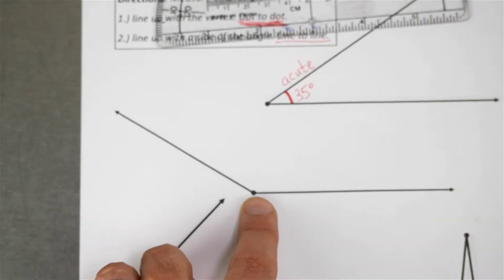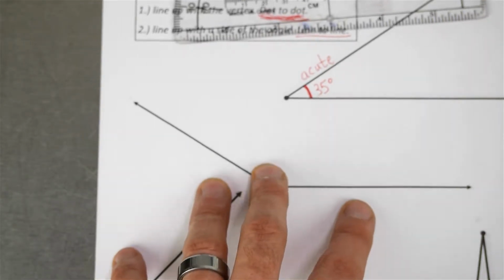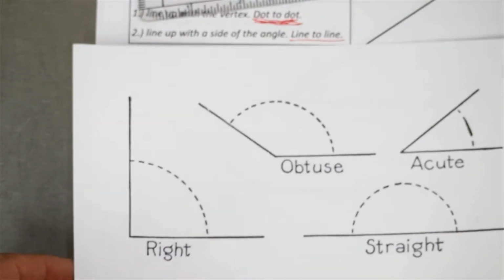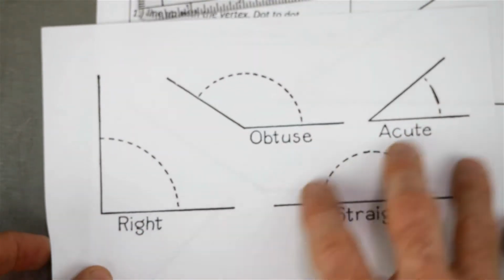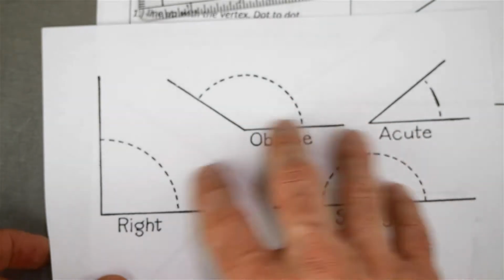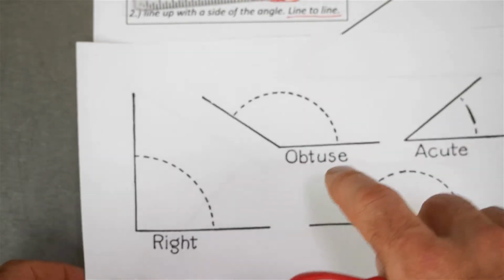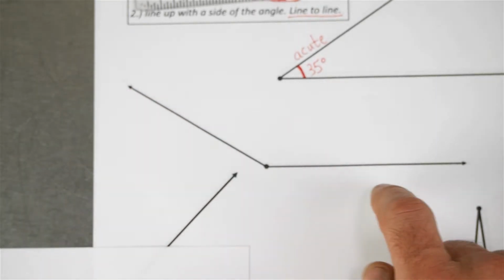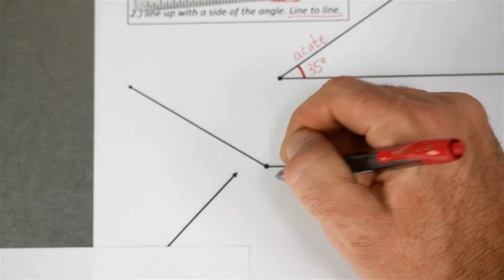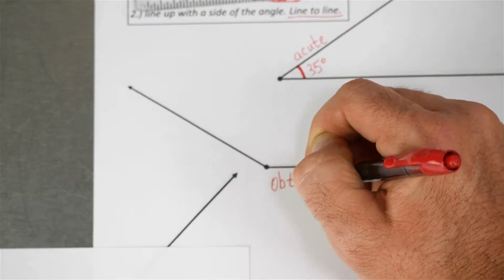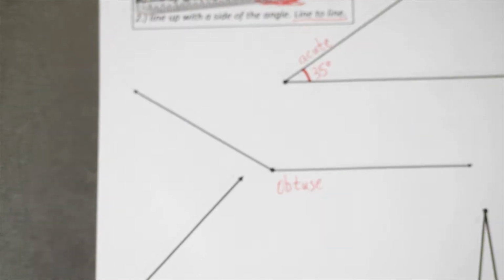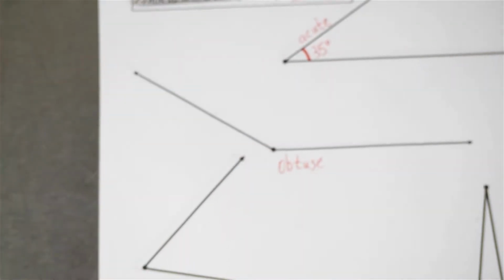Okay, second angle. Now again, as I look at this angle, go back to this, and I try to decide, okay, which one of these does that look like? Which one matches more closely to this? And it is this. It's an obtuse angle. This is obviously obtuse. It's bigger than 90 for sure. So before I even put the protractor up there, I know that this is an obtuse angle.